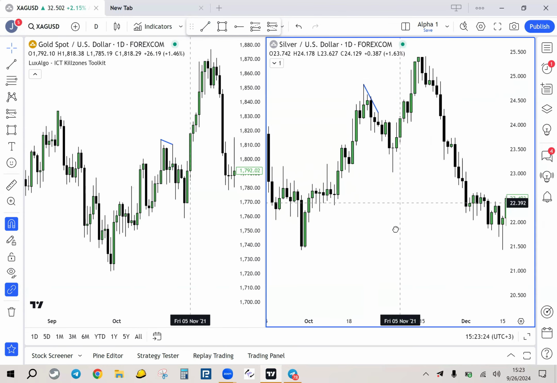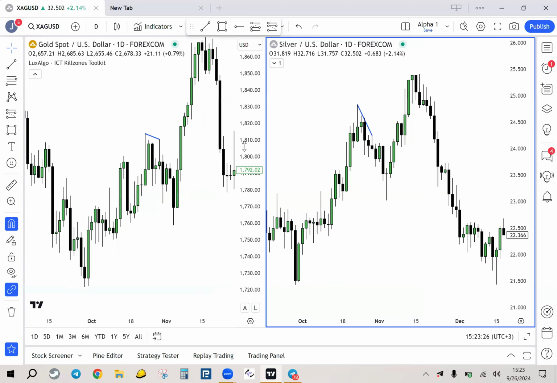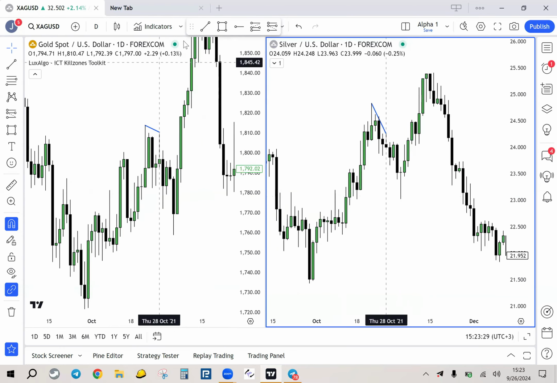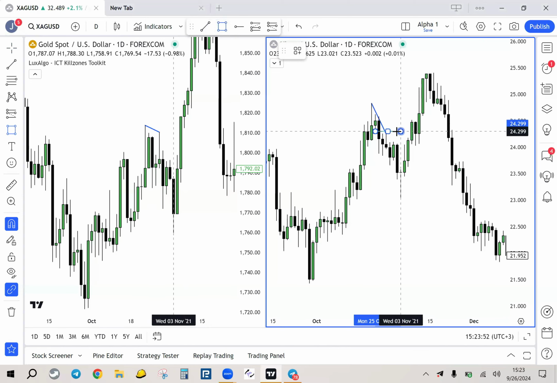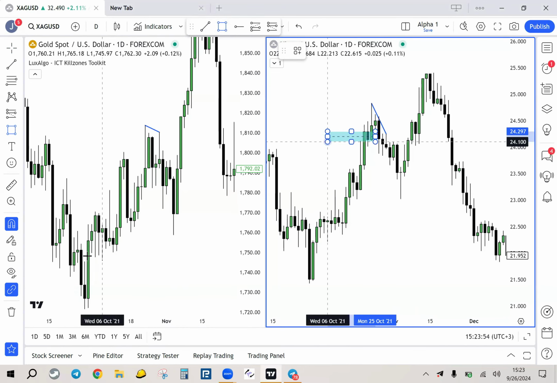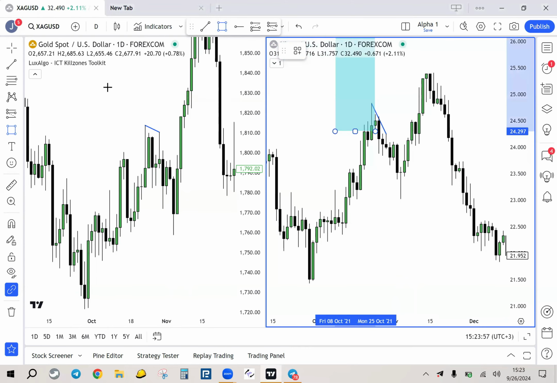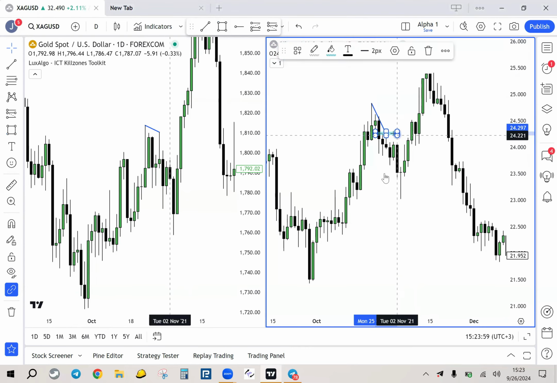Okay, so in this case, here's what occurred, but without having the actual SMT. We had definitely a bullish market on silver, right? And what happened here is we had this high, and then silver created that fair value gap.